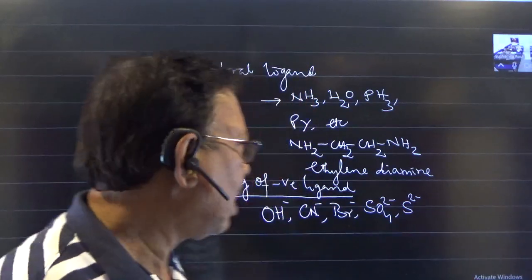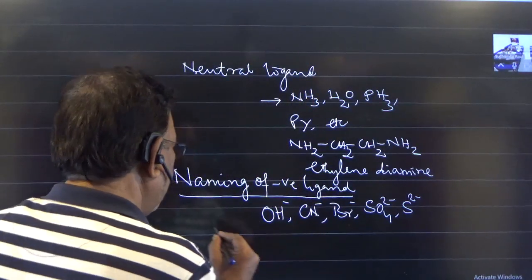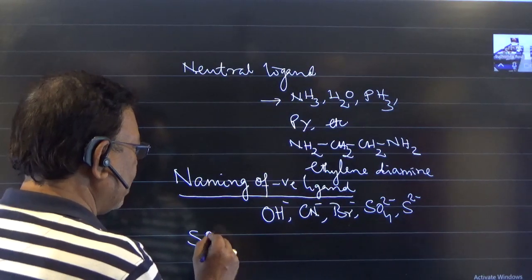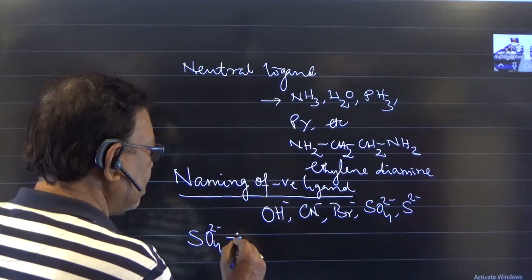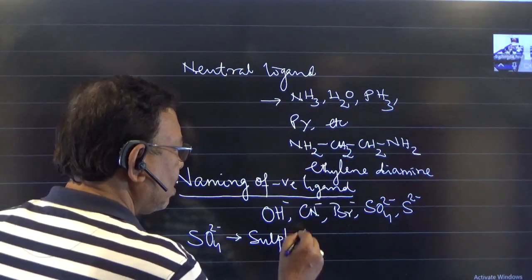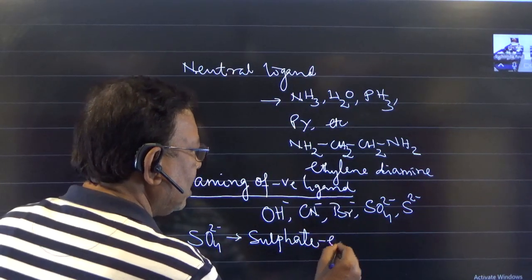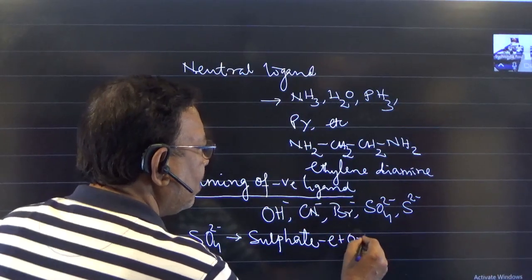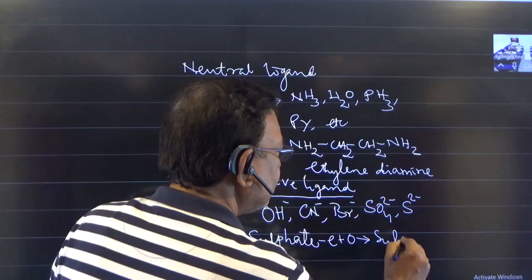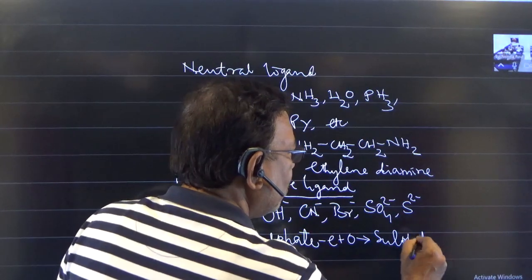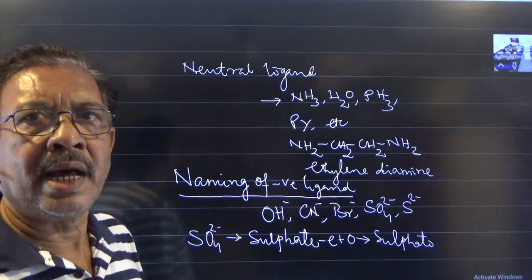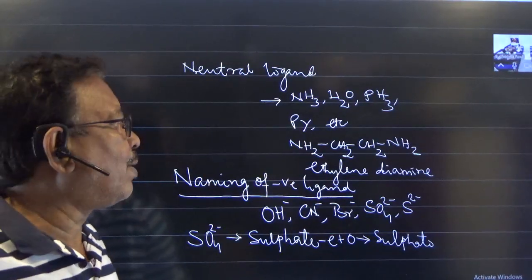Say for example, sulfate SO4 2 minus. The name is sulfate, minus E plus O: sulfato. So whenever it forms a complex, its name becomes sulfato.